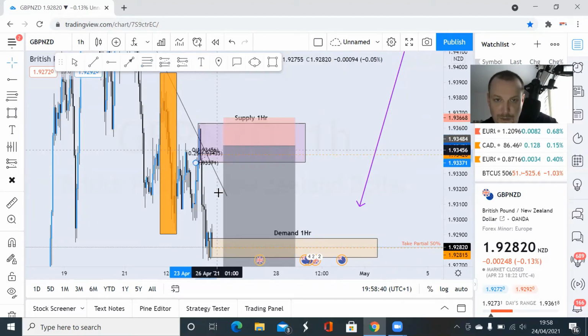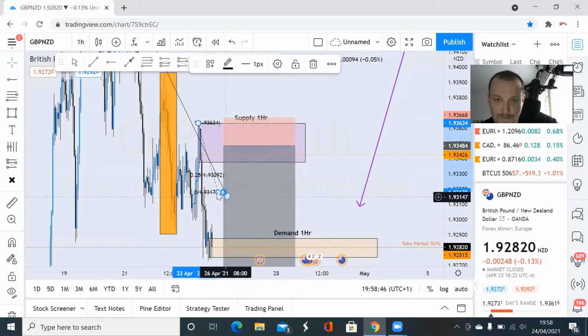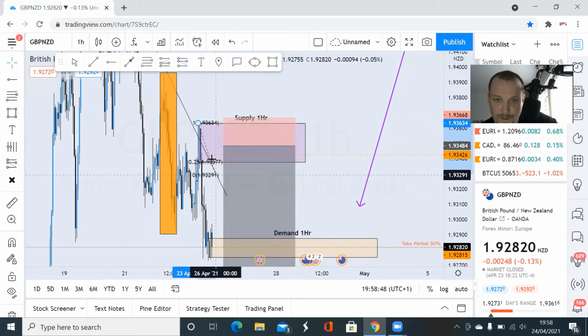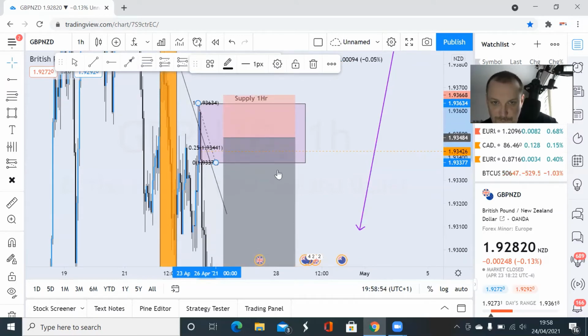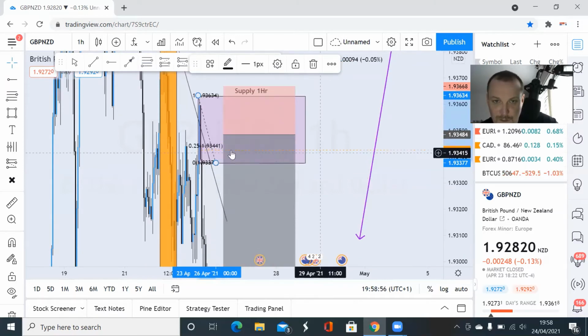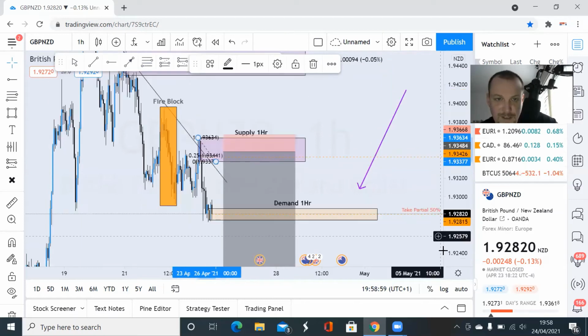Let's just see where this quarter bit goes to, okay? So that's to the top of the supply 1 hour. Look at that, guys. Look at that. So it was within that area, okay?